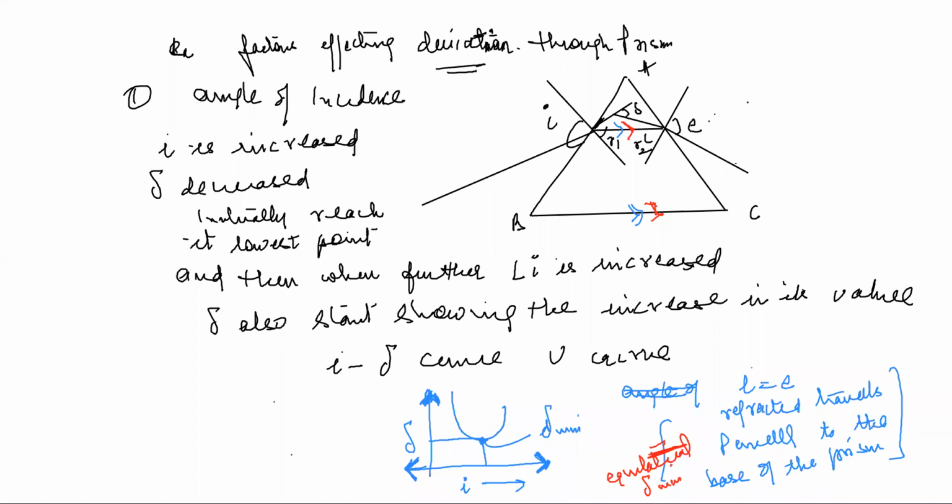These conditions are required for light to travel parallel to the base of the prism. Understand? Right. So the next point.